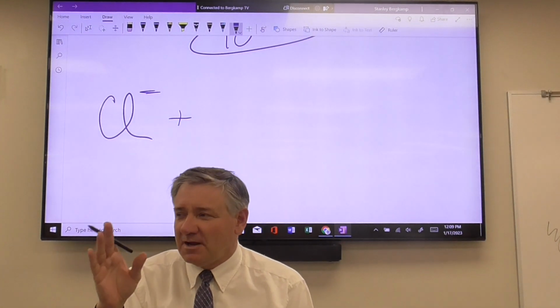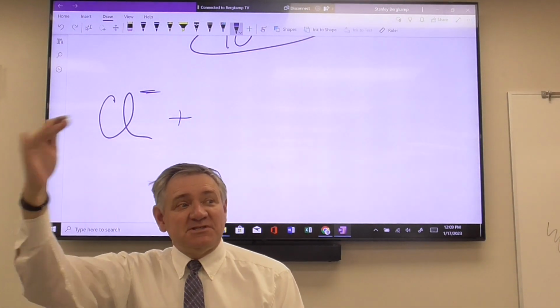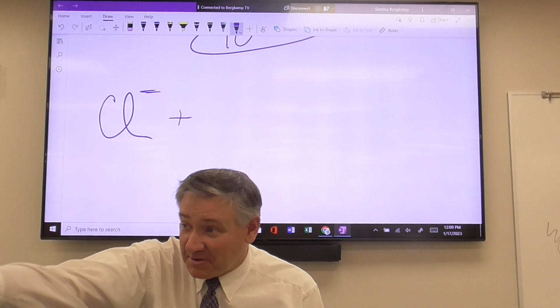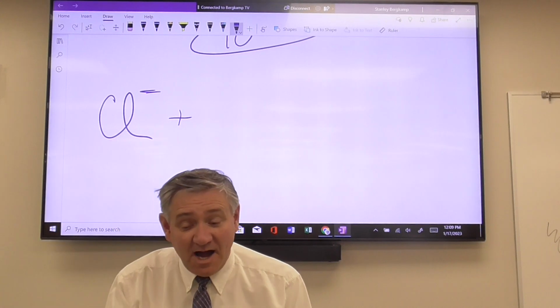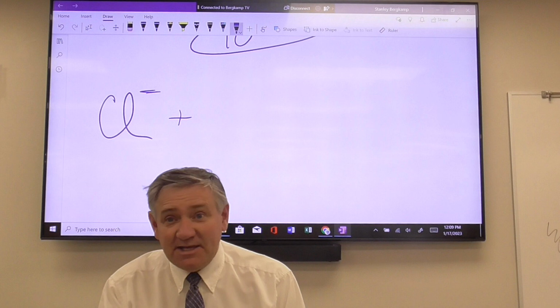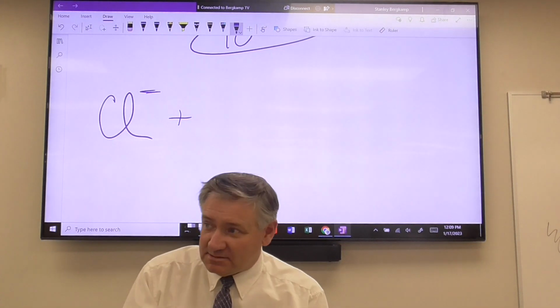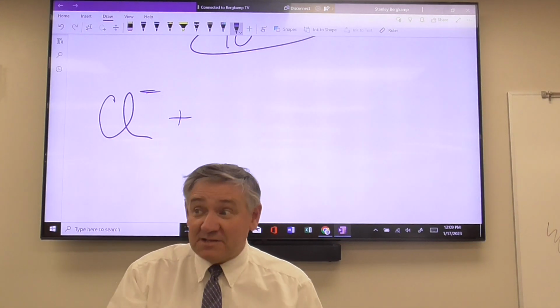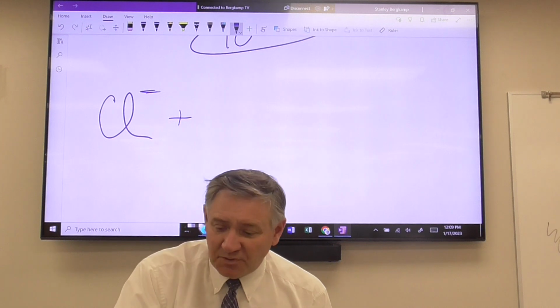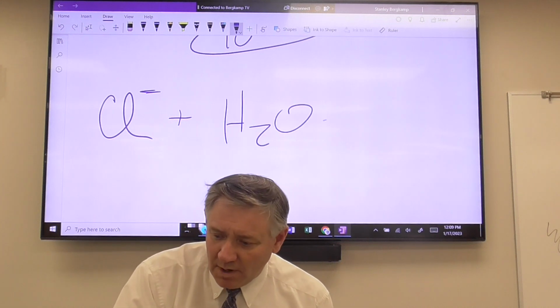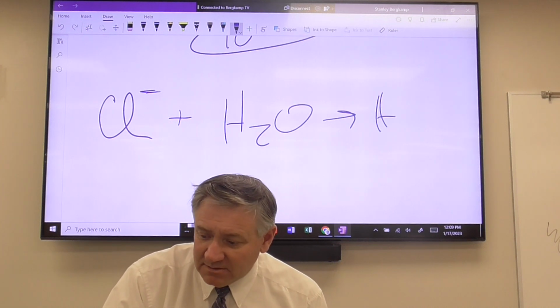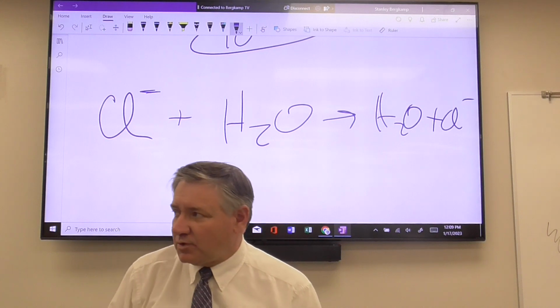Now, this is where it turns into a logic problem. Does the chloride ion have any attraction for hydronium ions? No, that's what makes it a strong acid. So the chloride ion, when I put that in water, still exists as water and the chloride ion.